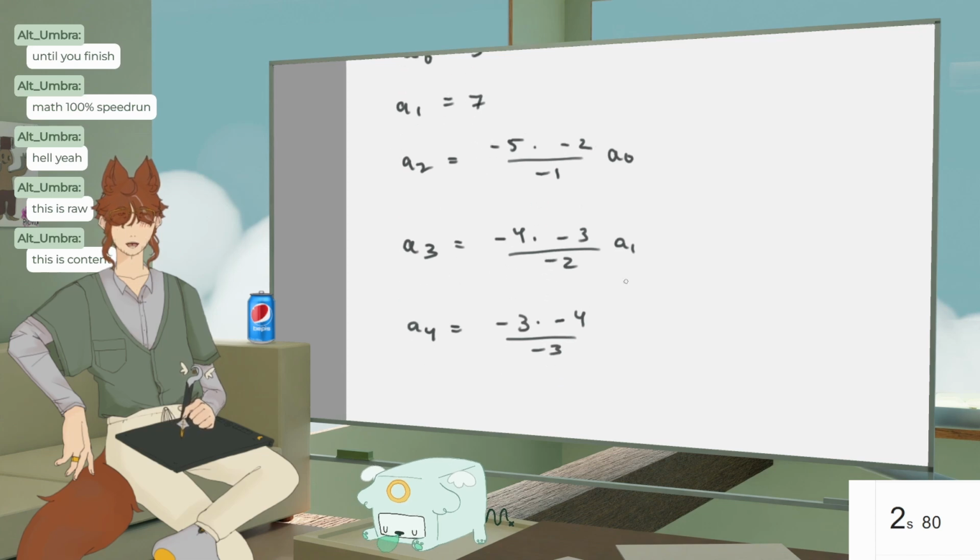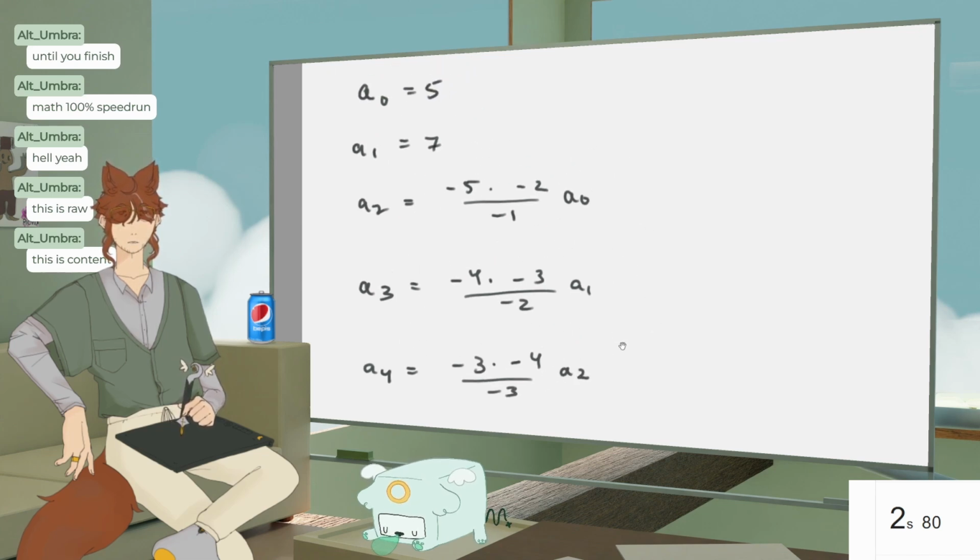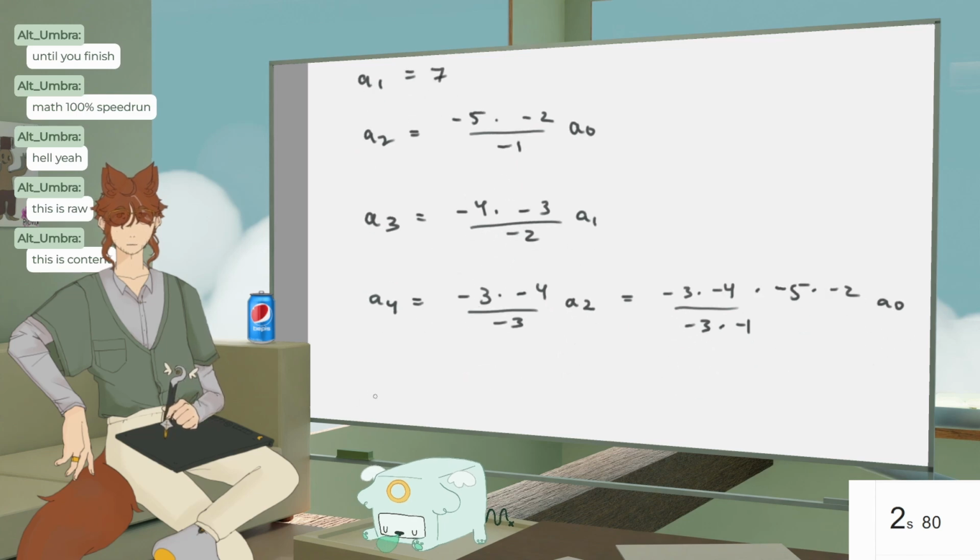Oh, that's not A0, A2. Oh wait, they cancel out. I'm gonna leave them uncancelled. Negative 5 times negative 2, A0.